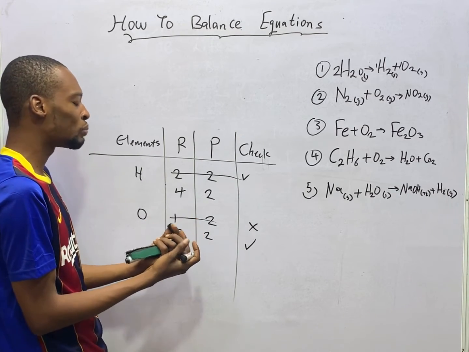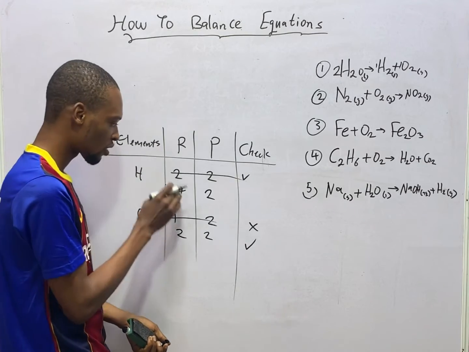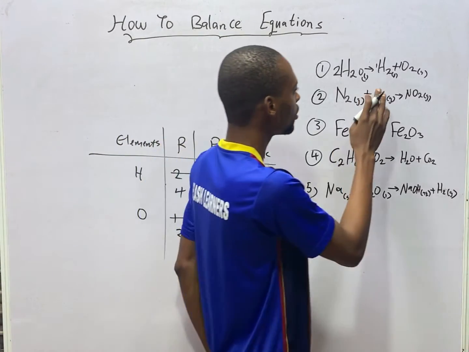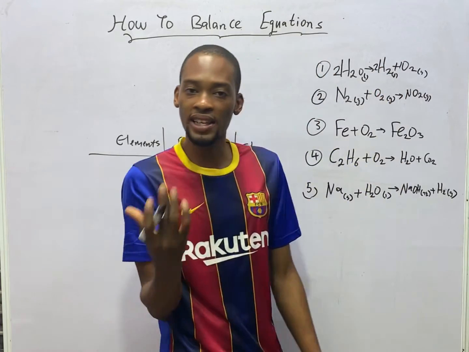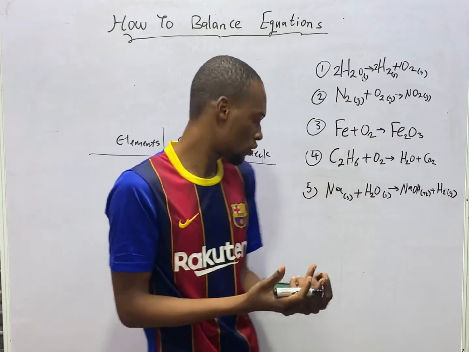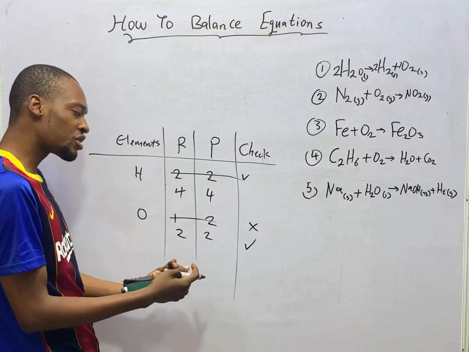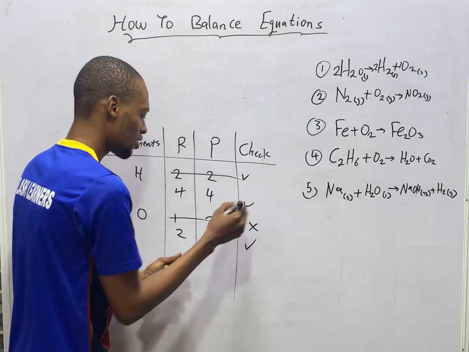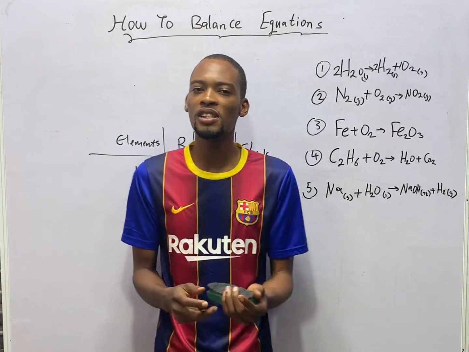So what do we do to balance hydrogen? Let us try to make hydrogen 4. To do that, we simply come here and say, okay, if we add 2 here, hydrogen becomes 4, right? Which is 2 times 2. So we say, okay, 4 now. Is hydrogen balanced? Yes. Now, after changing any number, you don't just proceed.